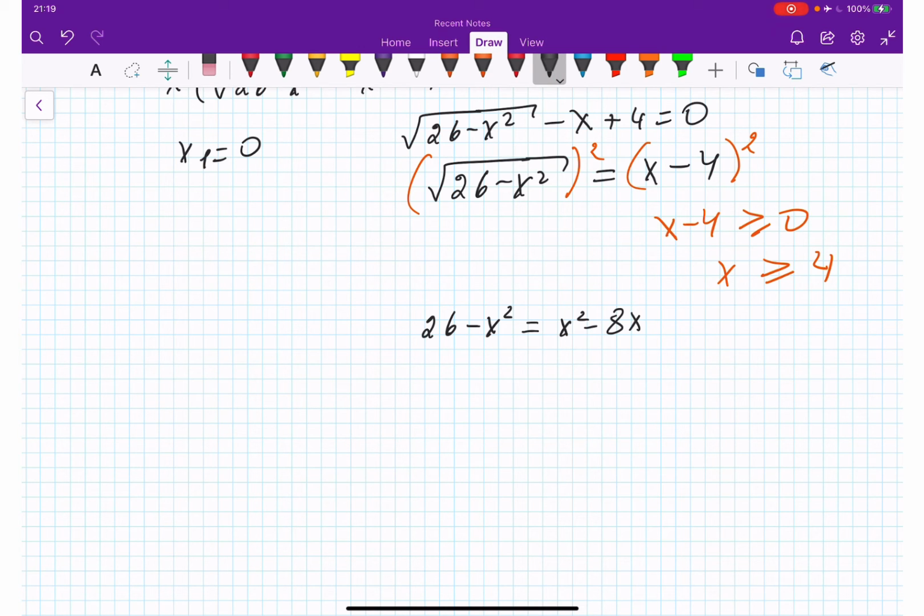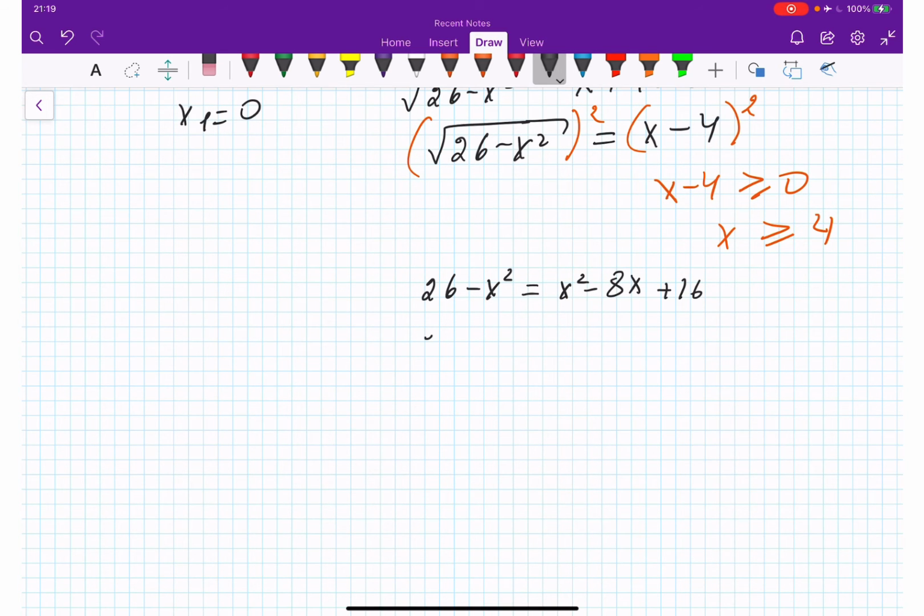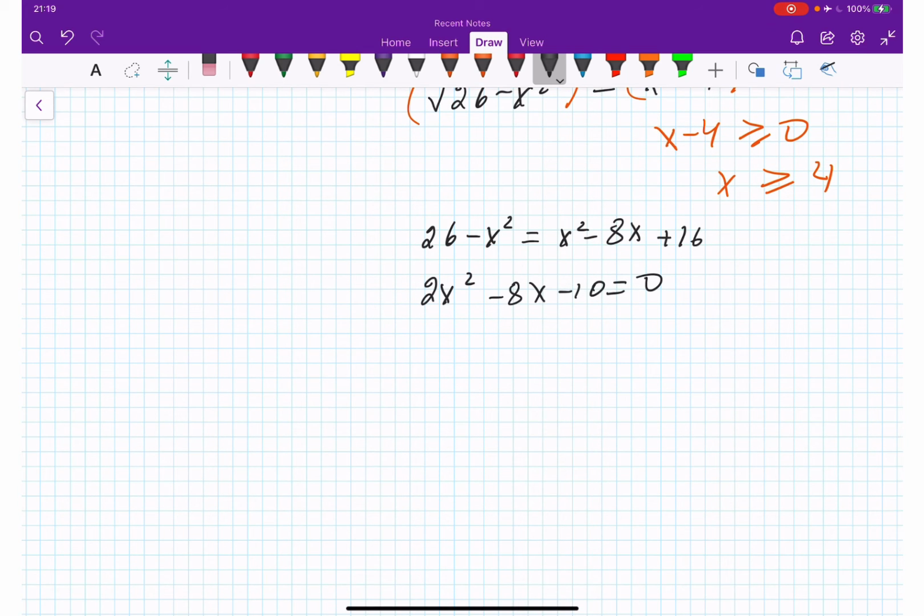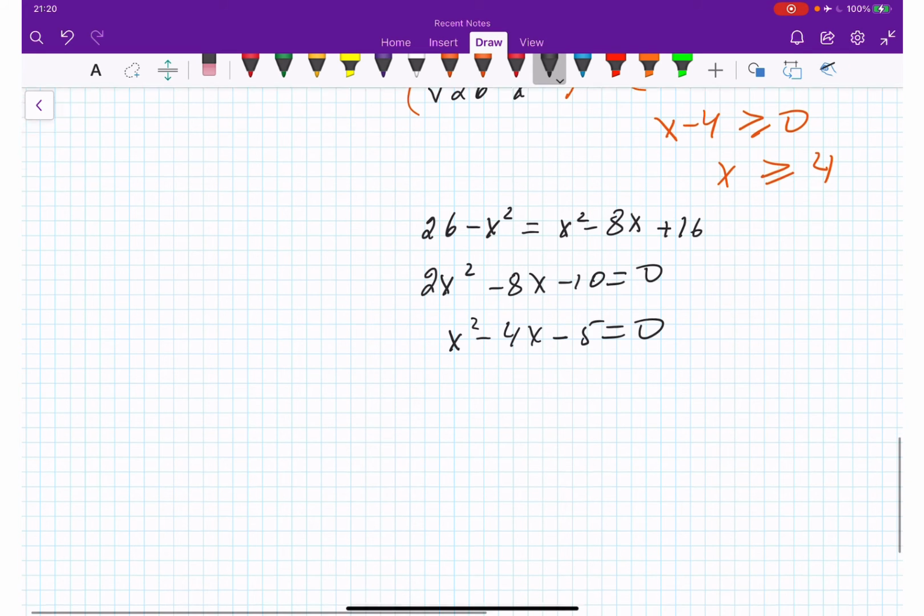Okay, and we are getting 2x squared minus 8x minus 10 equals 0. I just moved everything to the left side and combined like terms. And from here we have x squared minus 4x minus 5 equals 0, right? We divided by 2 everywhere.